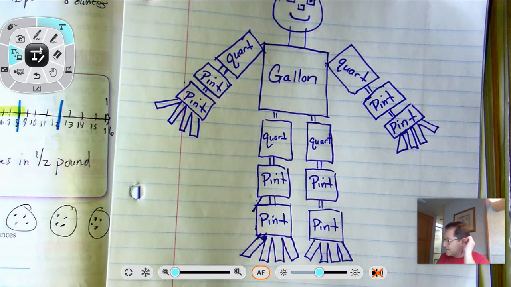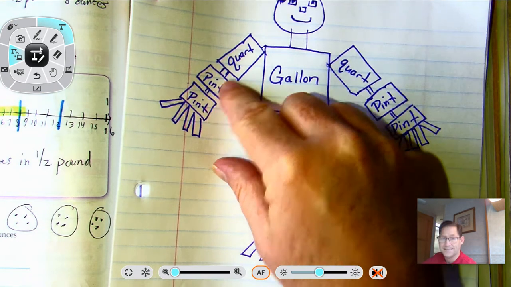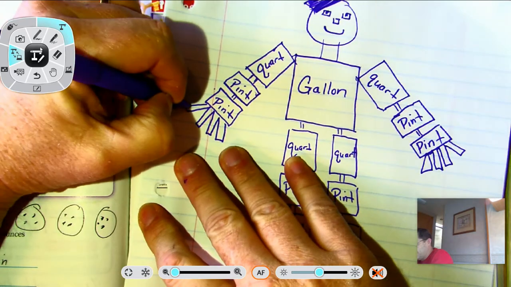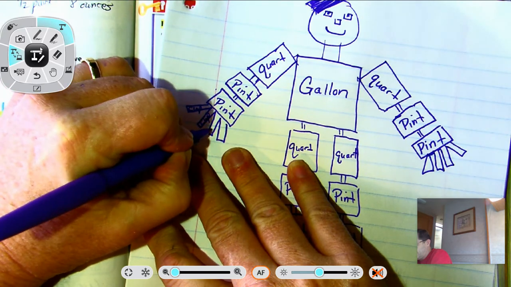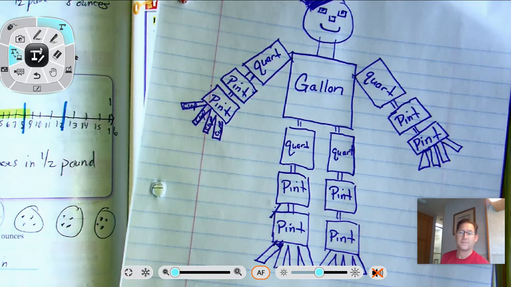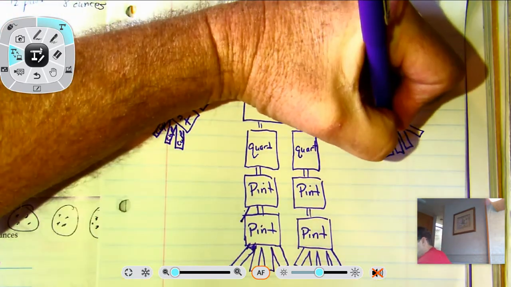All right, and then how many cups are in a pint? There's 2 cups per pint. I have 2 pints here. That's why there's 4 fingers. So we're going to write cup in every finger. Okay, so 4 cups in every finger spot.